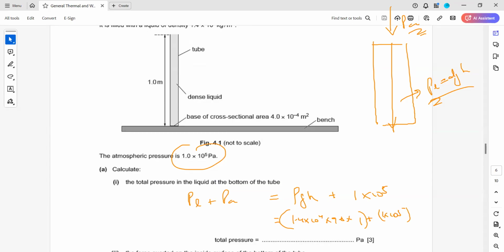So this will give us the total pressure. So read the question properly. In the exam, if it is pressure due to liquid only, then you use density, gravity, and depth. But as they ask for the total pressure, you have to add the atmospheric pressure as it is open at the top. So it will be 2.4 × 10^5 pascals.